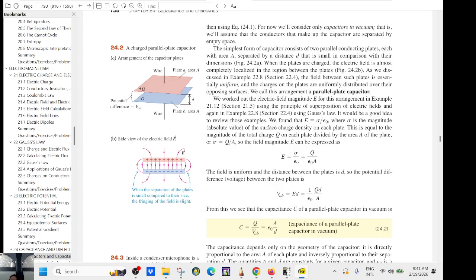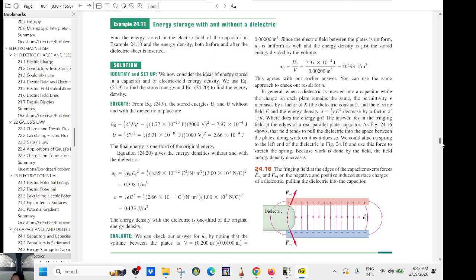So for a parallel plate capacitor, the capacitance is proportional to the area, inversely proportional to the distance. So again, the capacitance only depends on the geometry, nothing else. Because capacity is like the shape of your reservoir. So the parallel plate capacitor is the best to store a lot of charge.